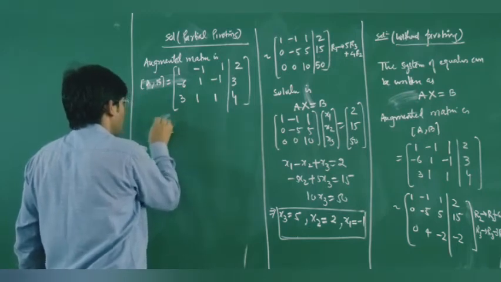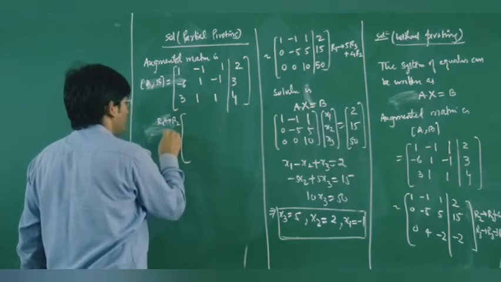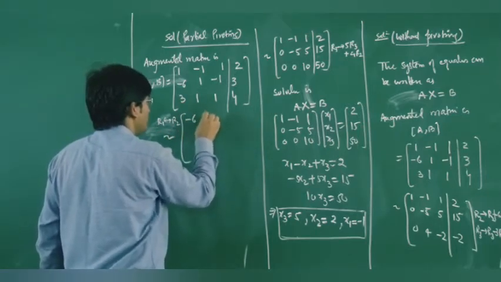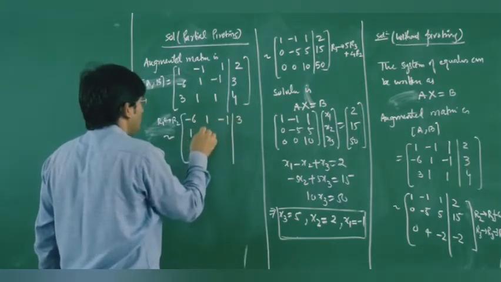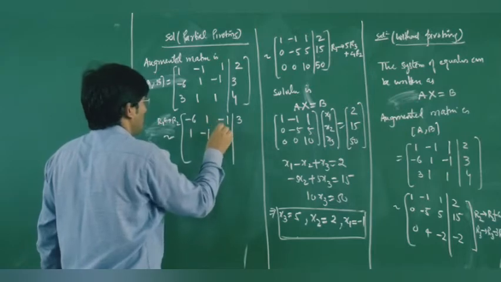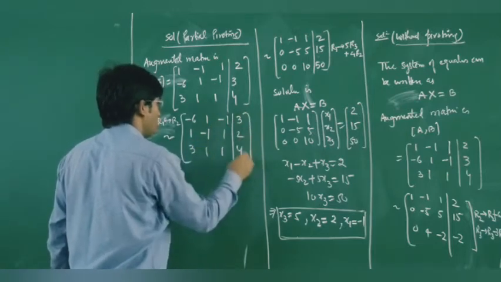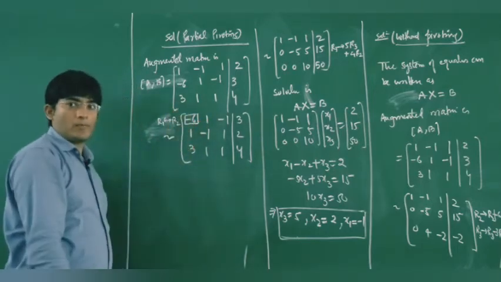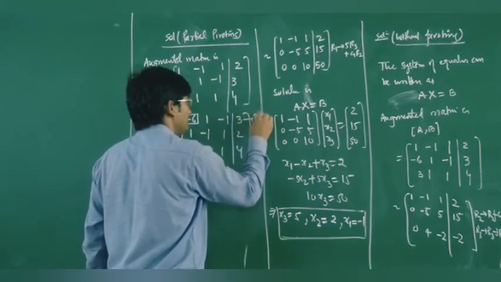So R1 interchange R2 gives you, now this will be minus 6, 1, minus 1, then we have 1, minus 1, 1, 2, then we have 3, 1, 1, and then finally 4. Now you can see that this is your numerically largest value, and this is your pivot element, and this is your pivotal row.